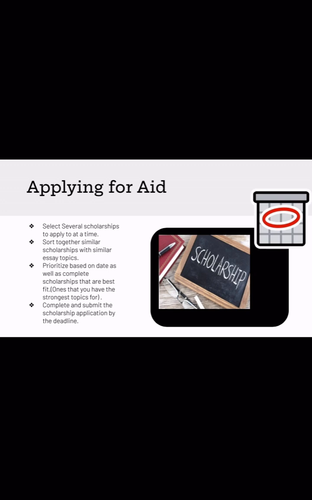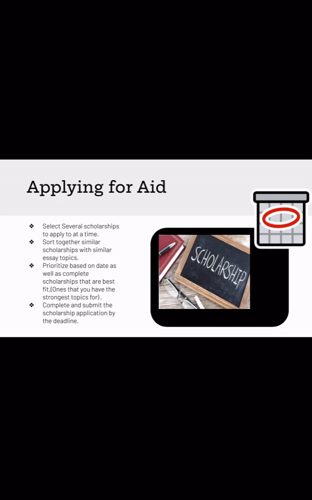This aid is not guaranteed, however. You must be selected and awarded the scholarship, so it is best to submit good quality work so that the donors have a better chance of selecting your candidate to be awarded this scholarship.